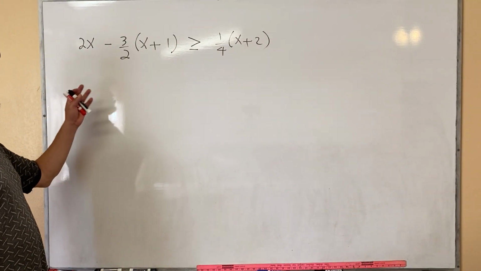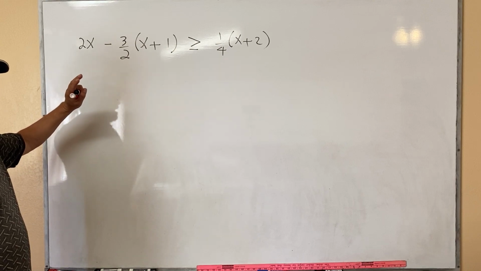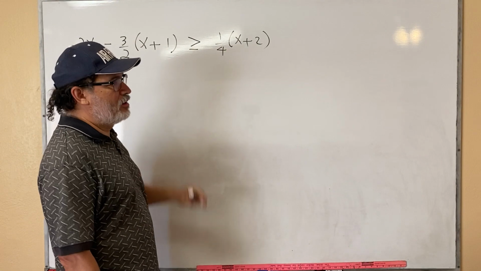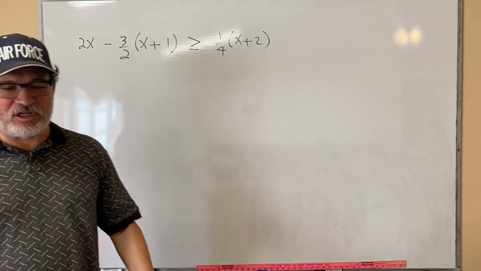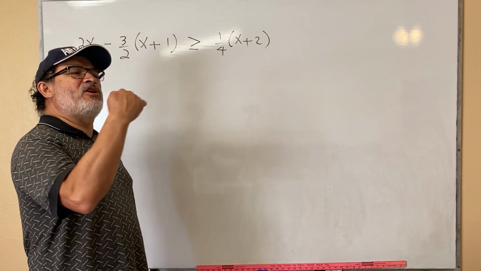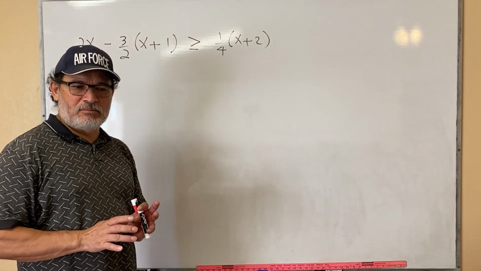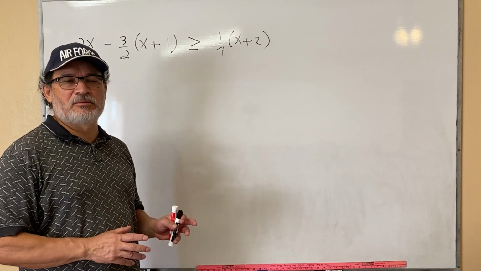The LCD in this case, we're going to find the least common denominator between 2 and 4. Obviously, the LCD is 4. We're going to multiply every numerator. If you see parentheses, you're not going to worry about them. Okay?